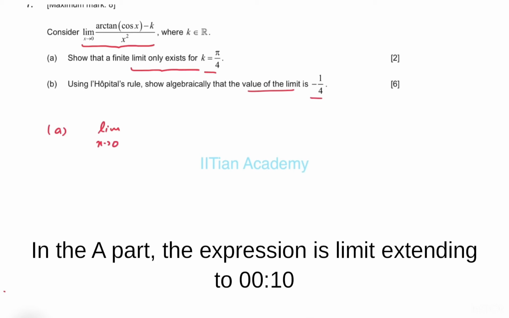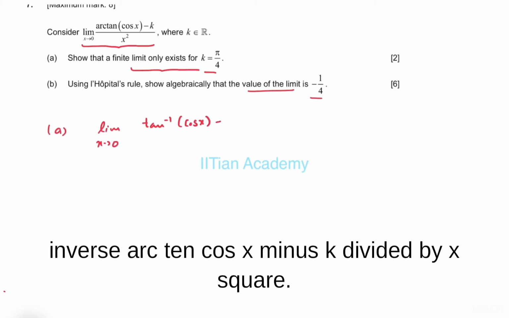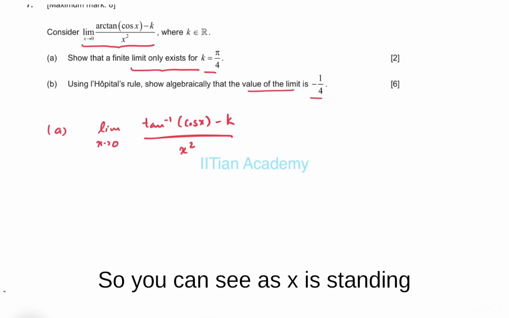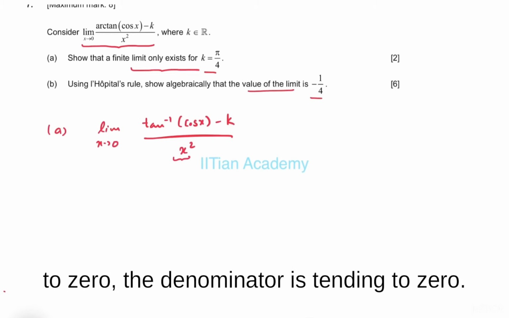In the A part, the expression is limit x tending to 0, tan inverse of cos x minus k divided by x square. So you can see as x is tending to 0, the denominator is tending to 0.